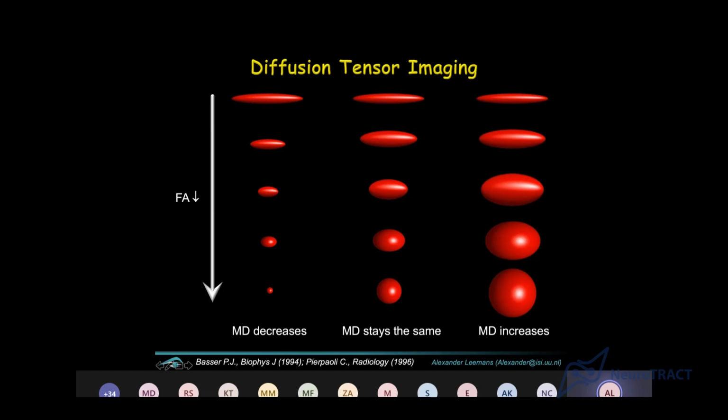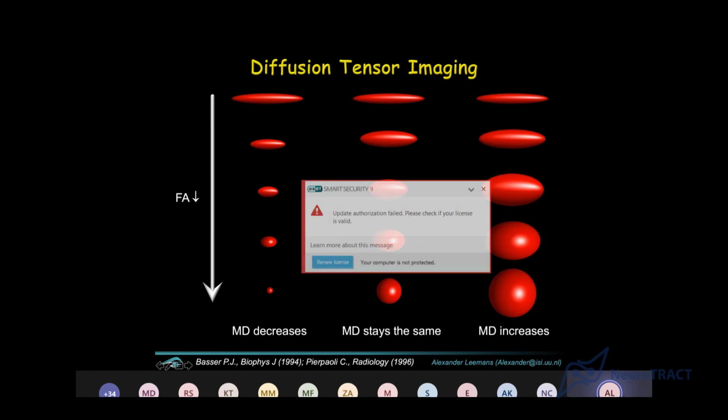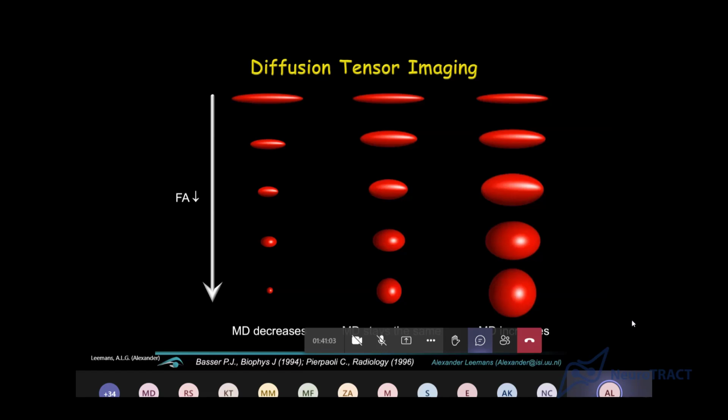Okay, so on the top you see a very pointy ellipsoid, and in every one of these three columns, you see at the bottom that the shape has become a sphere. So we go from very anisotropic diffusion to isotropic diffusion. Okay? The difference between the three columns is that in the left one, you can see that the size of the ellipsoid is decreasing. So the mean diffusivity decreases.